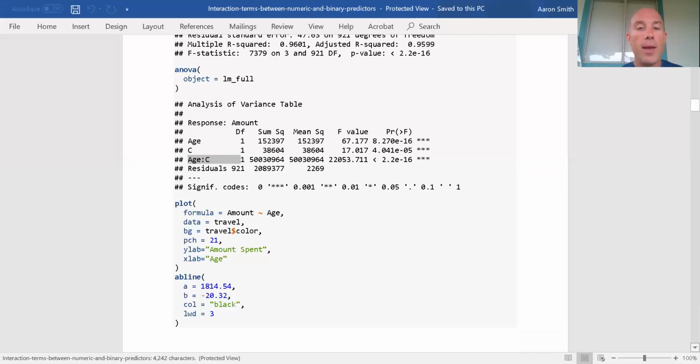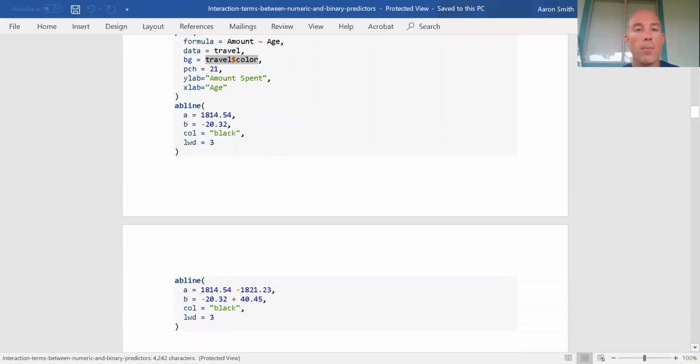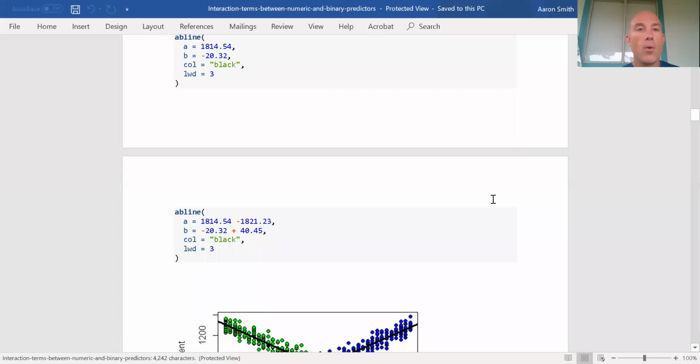Okay, so let's go ahead and make a scatter plot. So amount depends on age. Taking my data, I'm going to color it by that if-else statement. And then I'm going to put down the 2 lines. So here, this is the default y-intercept, and this is the default slope.